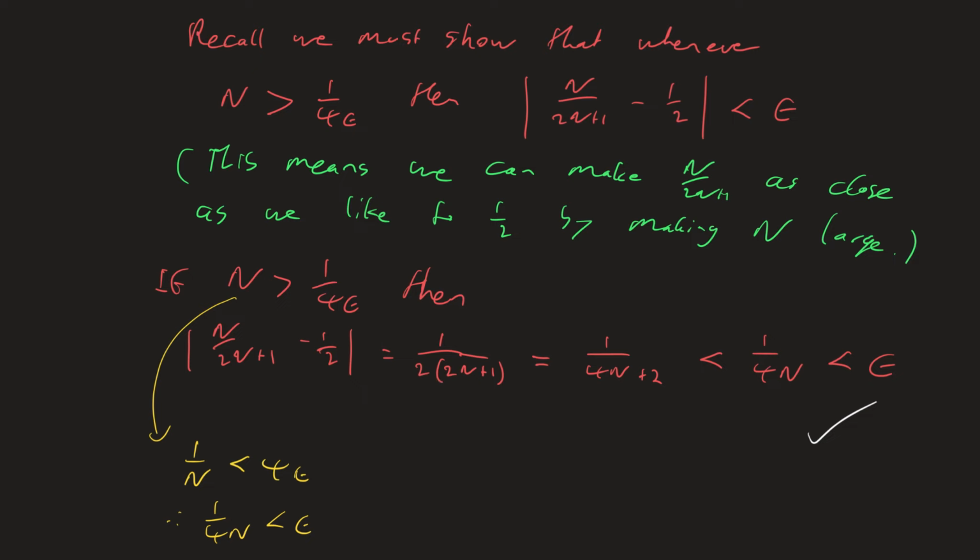And expanding the brackets, that's 1 on 4n plus 2. And that is less than 1 on 4n, because when we increase the denominator, we make the fraction smaller. And our calculation shows that whenever n is greater than 1 on 4 epsilon, then 1 on 4n is less than epsilon. And so we have now proved that the limit as n goes to infinity of n on 2n plus 1 is equal to a half.